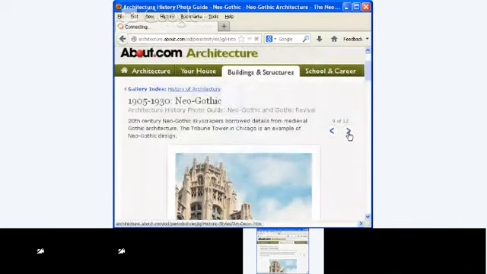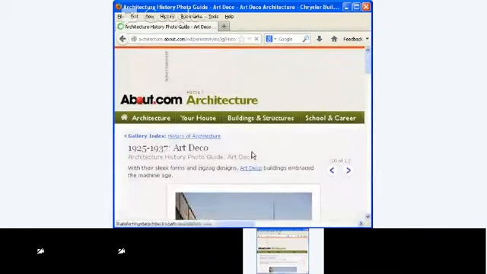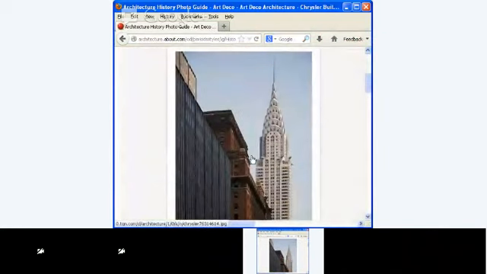All right, got a couple more here. Art Deco. Who knows this building? The building in the back here. Anybody know this? England. I don't know. No? Oh my god.